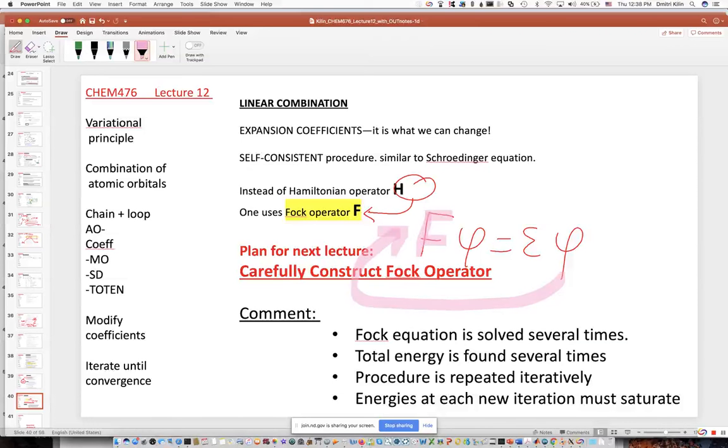And the criterion to stop this operation will be achieving the minimum of energy. So one repeats this orbital, Fock operator, orbital in a cycle, same as the programmer in a bathtub. And the criterion of success is that total energy stops changing as we go through.